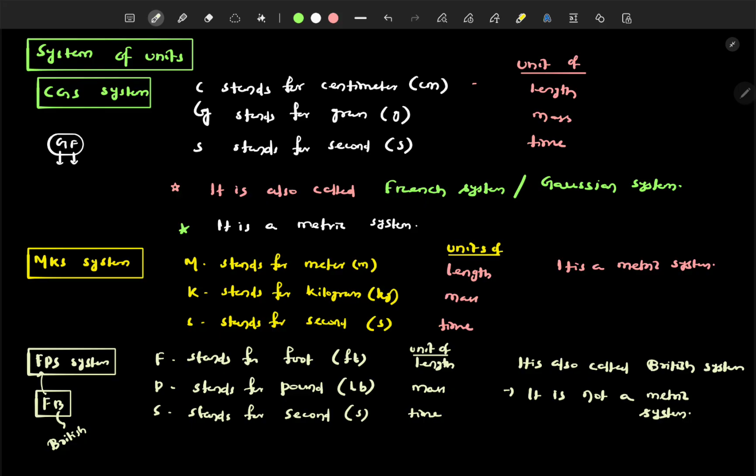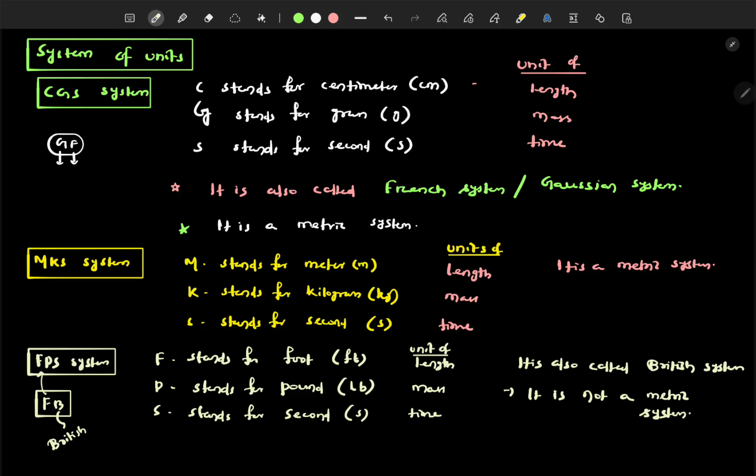In some region foot is used as the unit of length, but in another region they use meter. So during the exchange of materials they face difficulties because of the different use of systems of units in different locations.